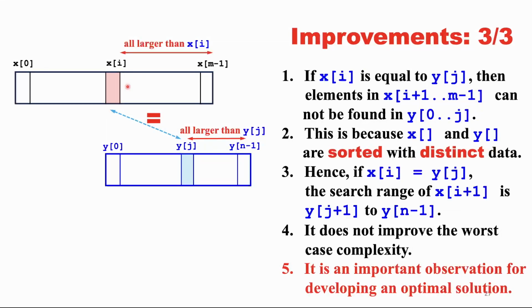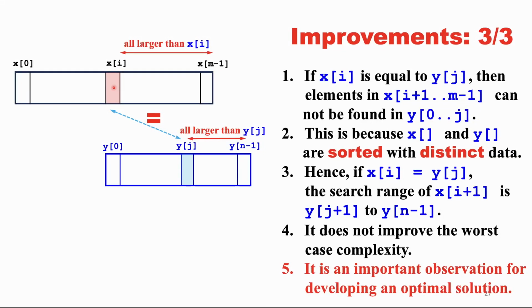This is a very important observation to develop an optimal solution. Let me repeat. If we have found an equal pair, then all the remaining elements are larger than xi.